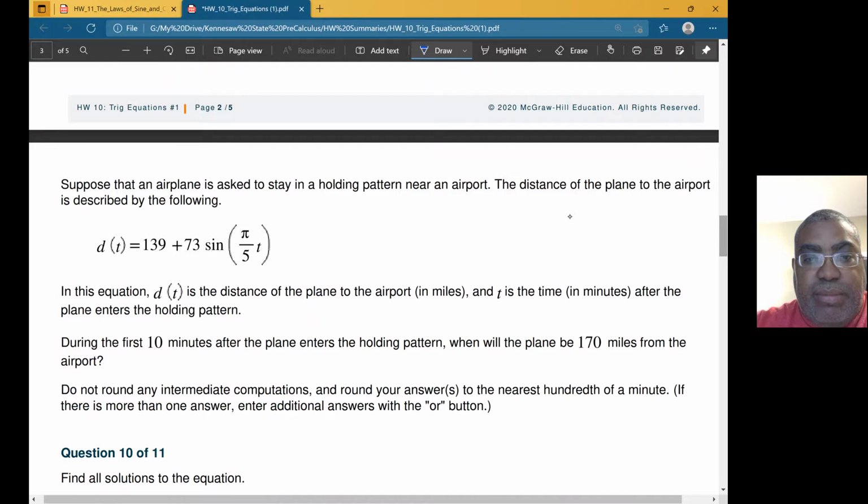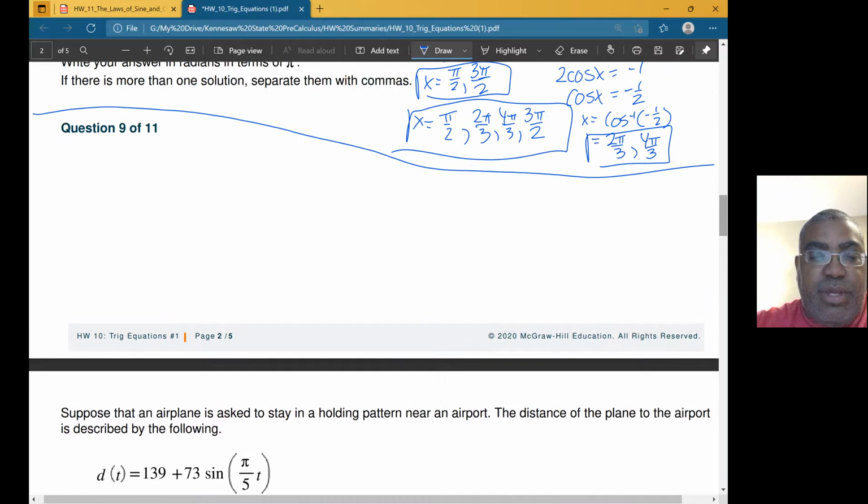So let's go on up here where we have space. The distance is 170. So 170 is equal to 139 plus 73 sine of pi over 5t. Algebra. 170 minus 139, that is 31.